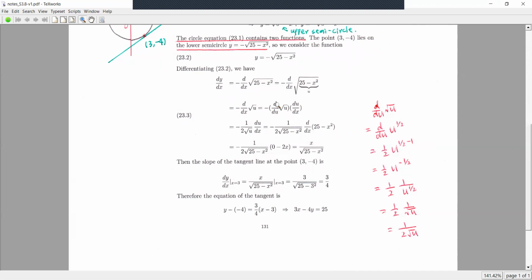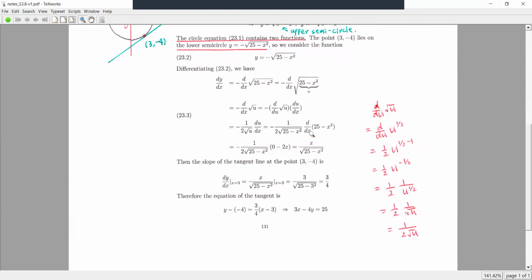Derivative of square root of u with respect to u, by the power formula, is 1 over 2 times square root of u. Now, remove u. Plug in 25 minus x squared for u, then we have this equation.